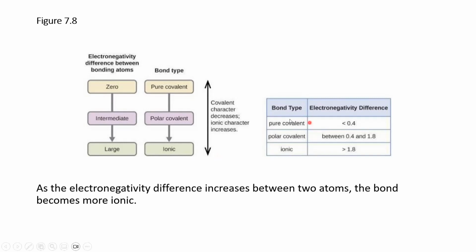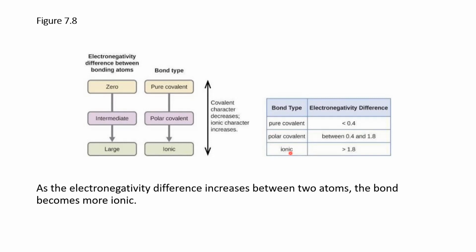A pure covalent or non-polar covalent bond is shared evenly. In a polar covalent bond, we're still sharing it, but it's uneven. One of those atoms is pulling it in more because it's more electronegative. And with the ionic, we've pushed it even further to the extreme. Now that atom, instead of just pulling it in a little bit, has completely taken that electron.